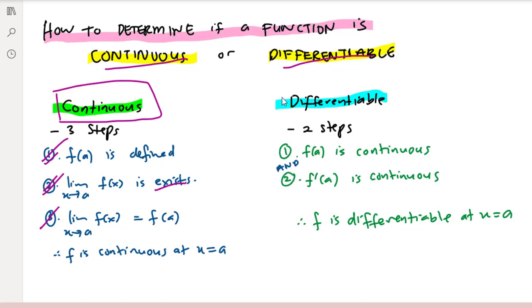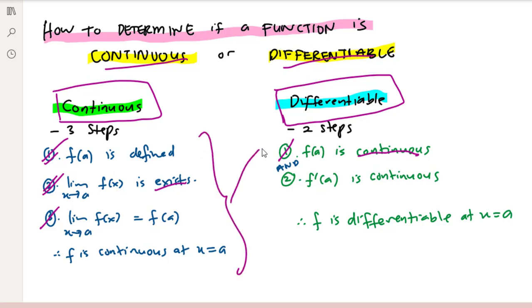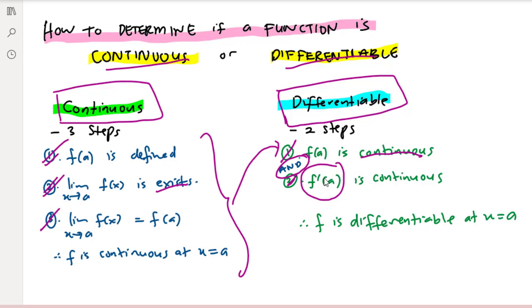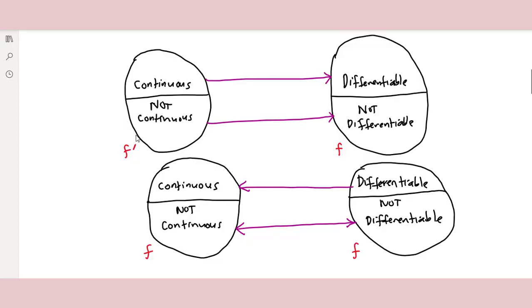If you want to show differentiability, you have 2 steps. The first step is that f of a is continuous. The second part is that f prime of a is continuous. Therefore, we can conclude that f is differentiable at x equals a. Let's say this is f prime of x and this part is f(x).